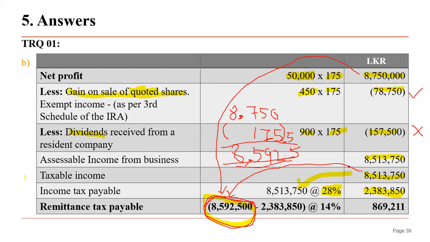Right? Then this dividend income you need to exclude as per the section. You exclude that part, and then you deduct whatever income tax was paid in Sri Lanka. Yes, good question. For the new rate, it is better to divide it into two different periods, 1/4 and 3/4.